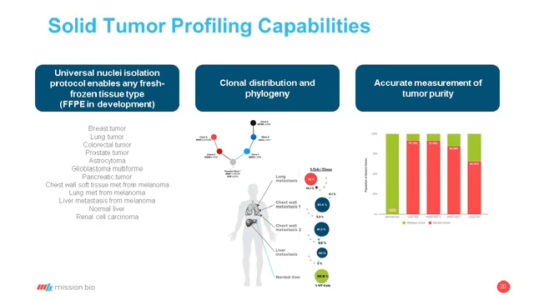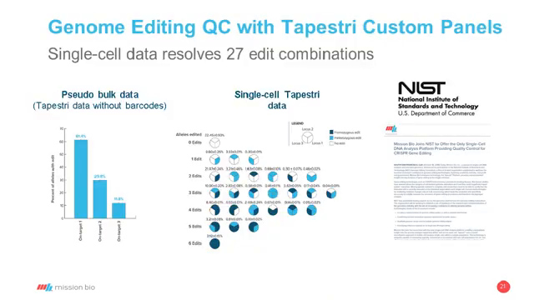Another example of where Tapestry has been used is in gene editing. This was an early collaboration where a customer, an industrial partner, came to us and said, we're trying to make edits within a cell line. In this case, this is a T cell line.